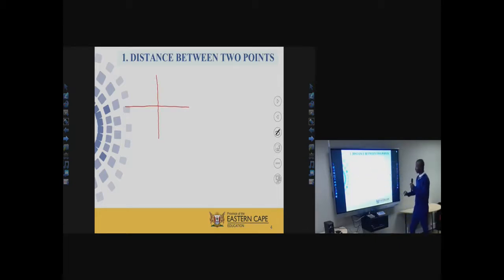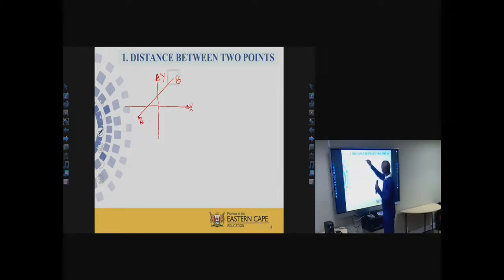a Cartesian plane, obviously, with the y axis there, as well as the x axis. Then if you draw any line segment, a line segment is a piece of line, and have a point here, say point A, and a point there, say point B. It starts from A and ends at B. Remember, Mfundi, there is a difference between a line segment and a ray.